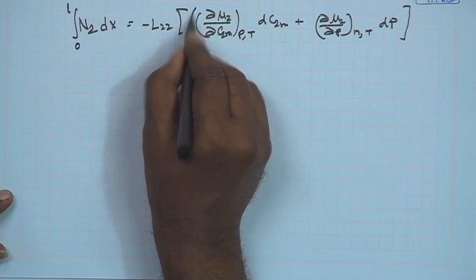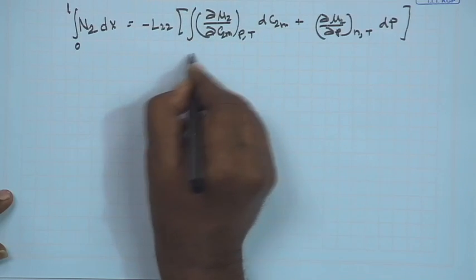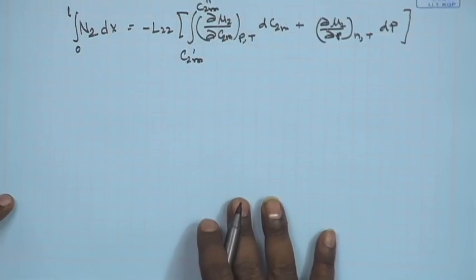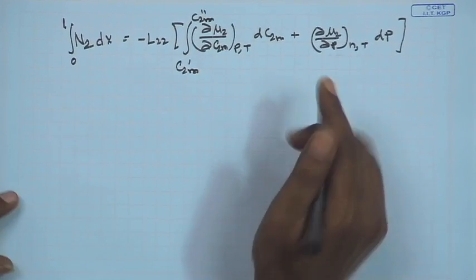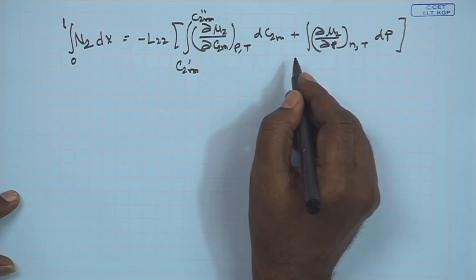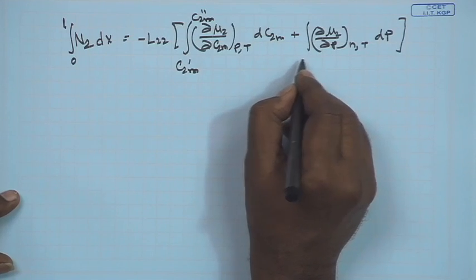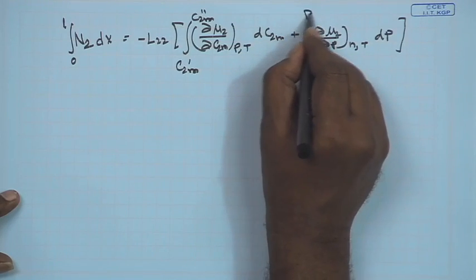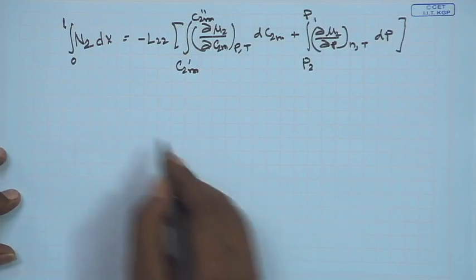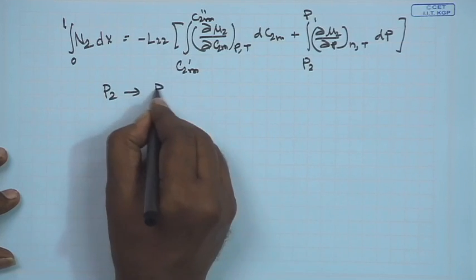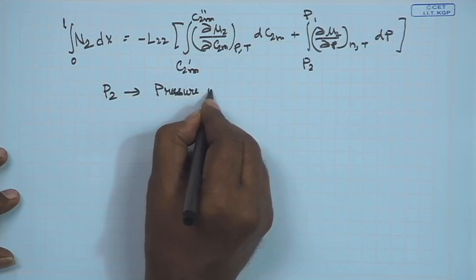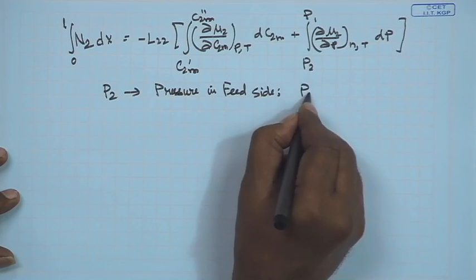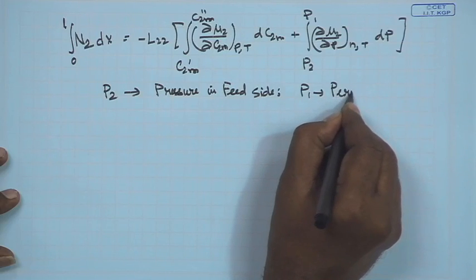So, dC_2m will be from C_2m prime to C_2m double prime, and dp will be from P upstream to P downstream, so P_2 to P_1, where P_2 is the pressure on the feed side and P_1 is the permeate pressure.